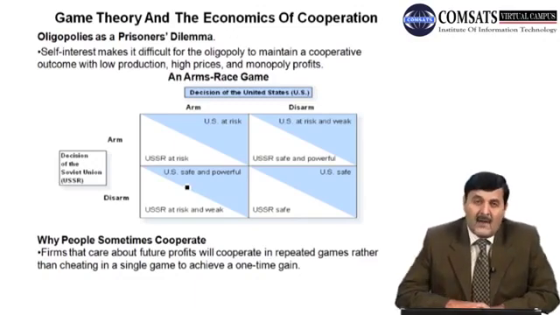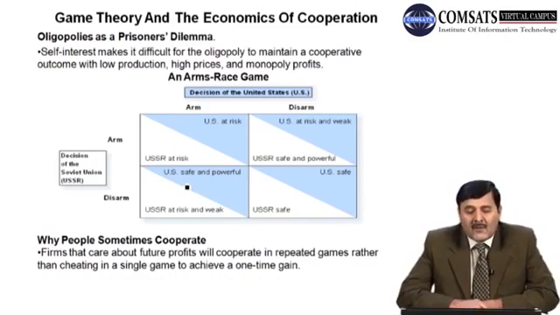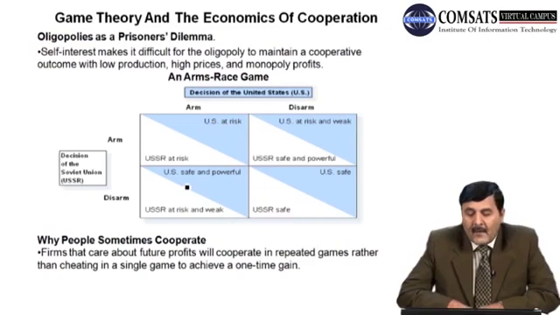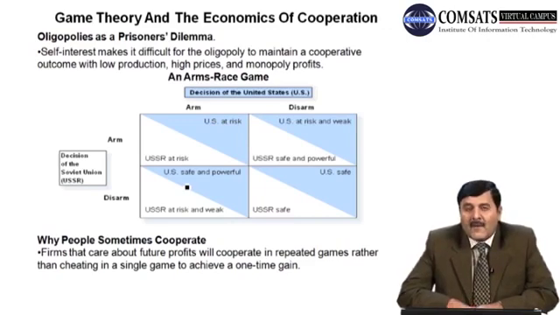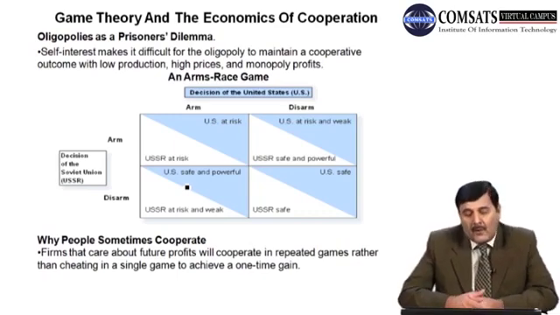Now again we have four possibilities. If both of the countries arm, of course both countries are at risk. If the USA decides to disarm and the USSR decides to arm, then the USA is at risk and weak, and the USSR is safe and powerful.